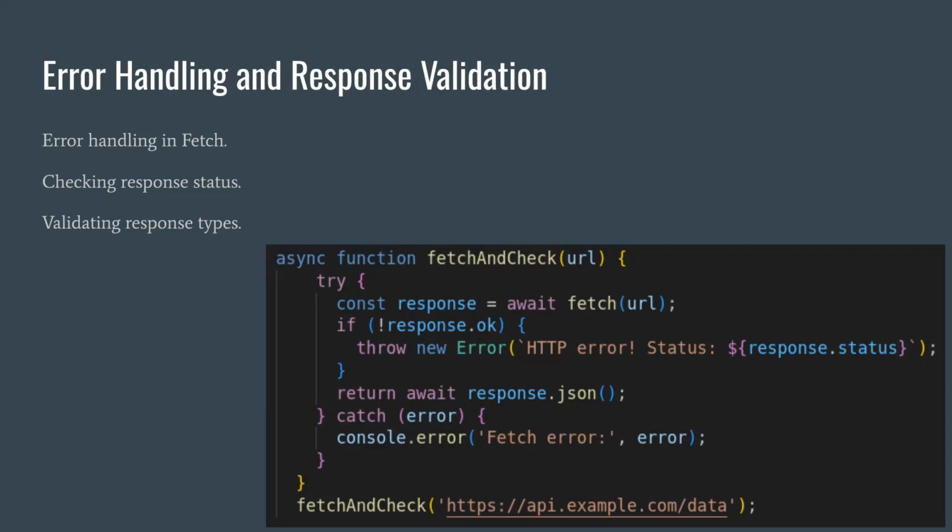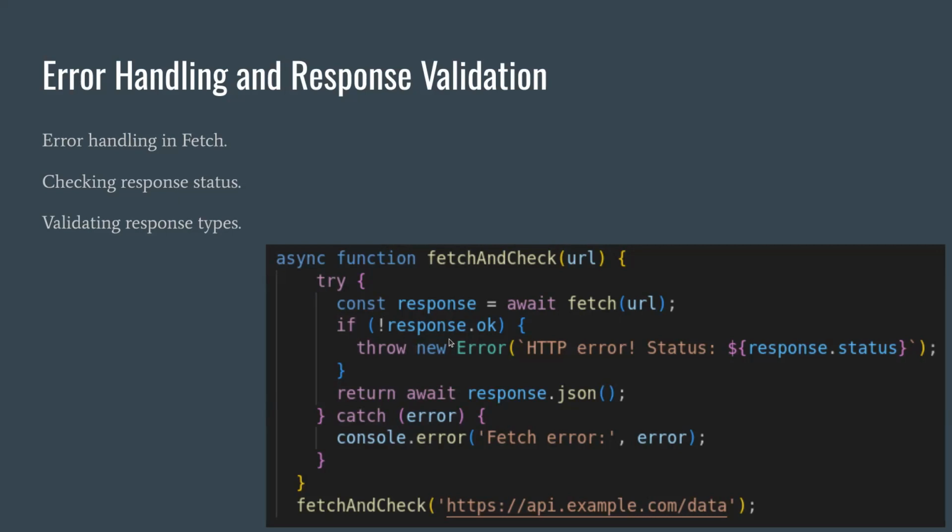To explore how to properly check responses and handle different types of errors, here's an example. You will await fetch, and then once you get a response, you will be able to see what the status of the response is.